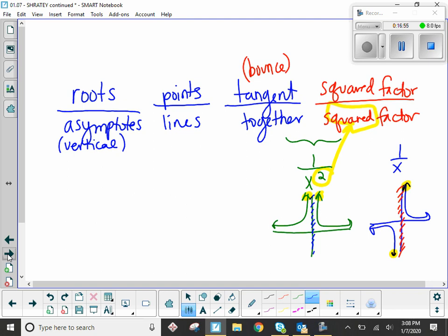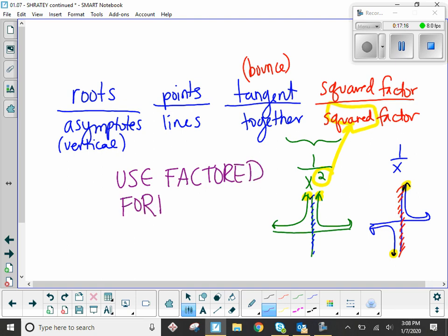I really am serious about wanting you to write this down. Write this down on your T section: when you're looking at whether something is squared, you're going to use that factored form that you did in step S, for your T step.